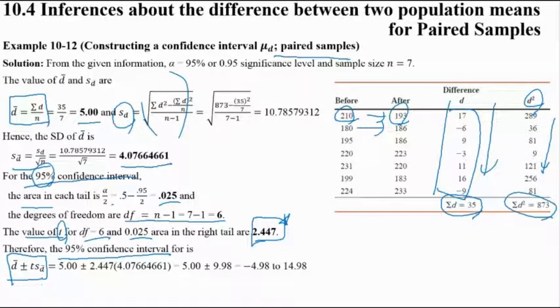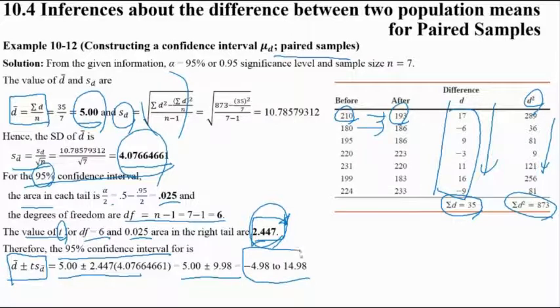And s d bar is the standard deviation for the paired sample. So plug in the number from before, the t value, and the standard deviation value, and we come out with minus 4.98, 1498.